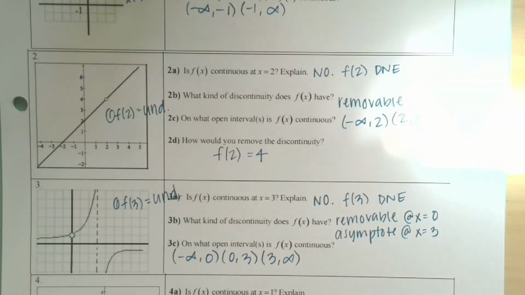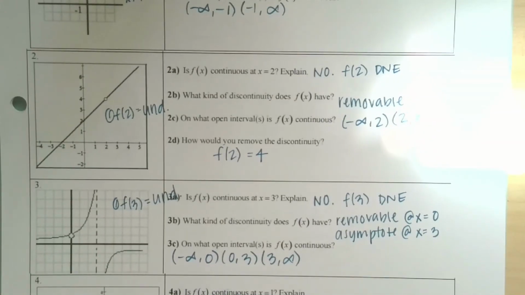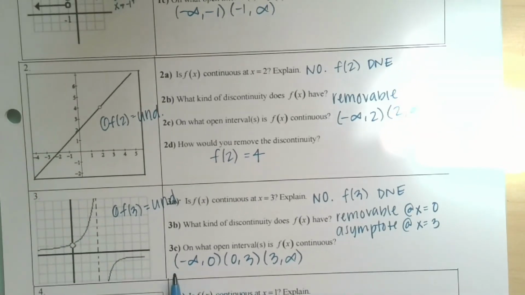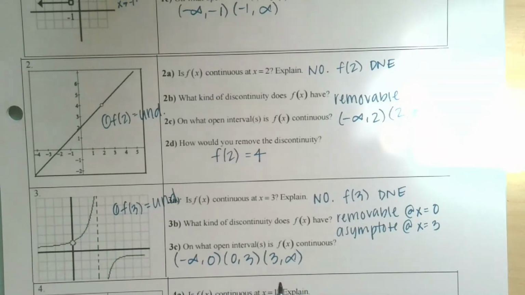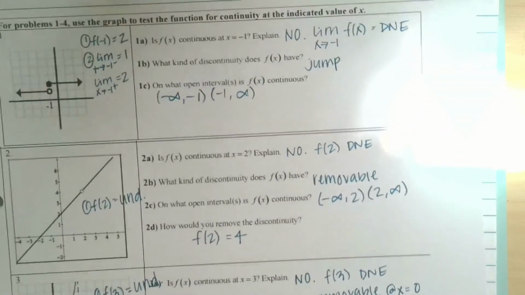The other way to look at it is anywhere that you have a discontinuity, so a discontinuity at x equals 0 and x equals 3, those are going to be our problem values in our open interval. So we had one at 0, our interval went from negative infinity to 0, 0 to 3, that was where we had our asymptote, and then from 3 to infinity. You can go back up and look at this example.